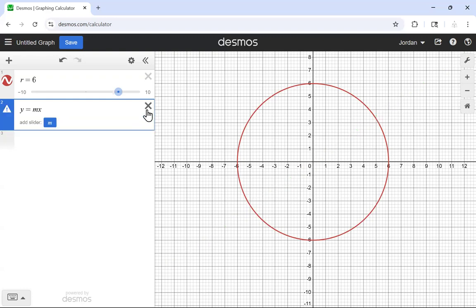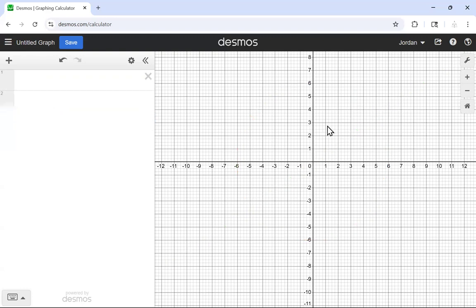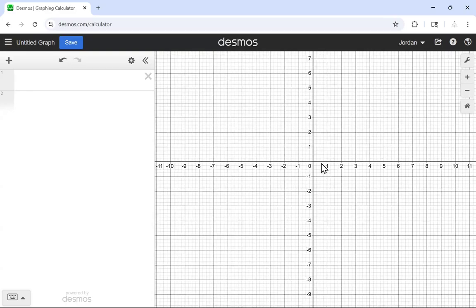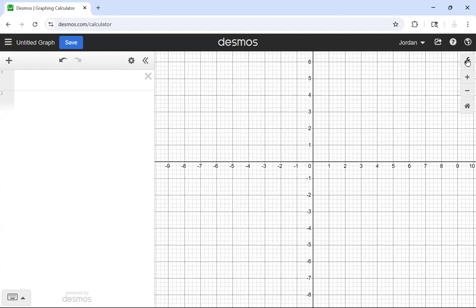That's why our grid is split up this way: horizontal lines give me the y values and vertical lines give me the x values.